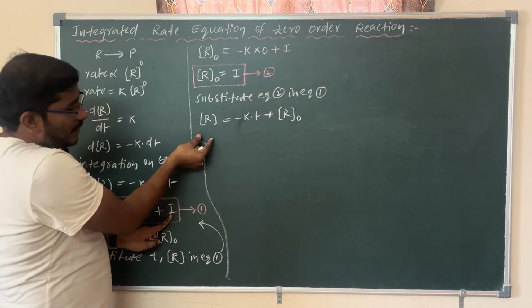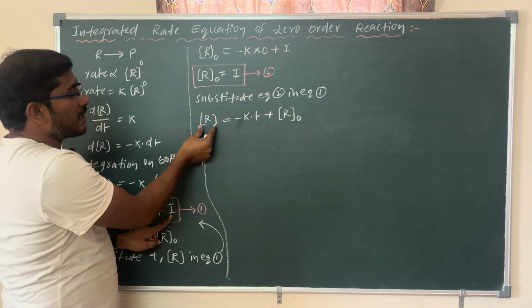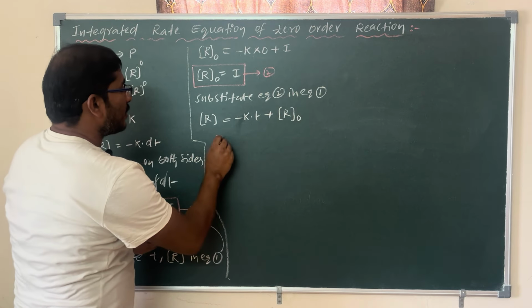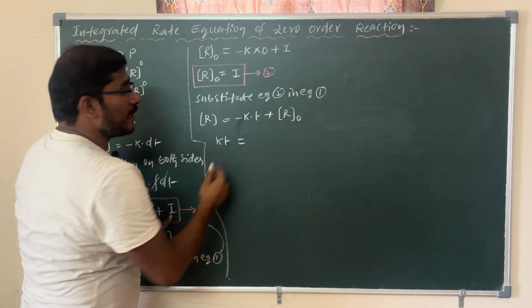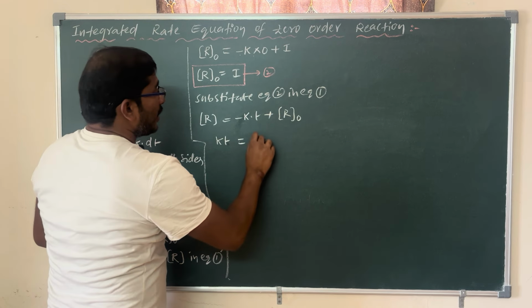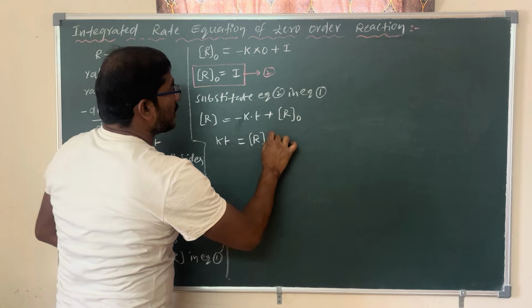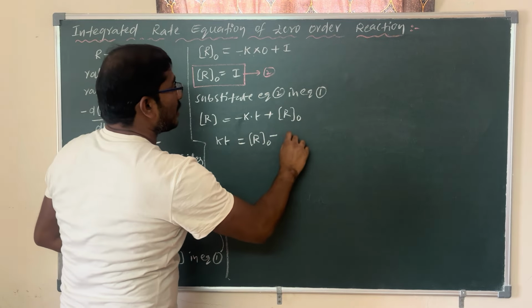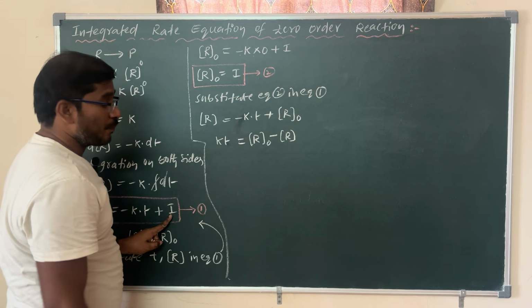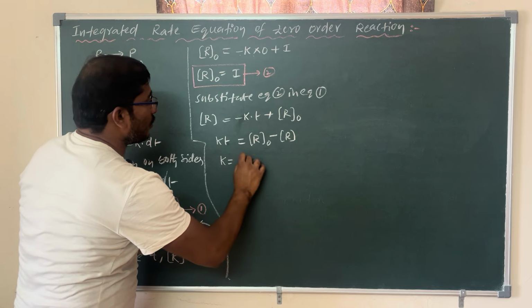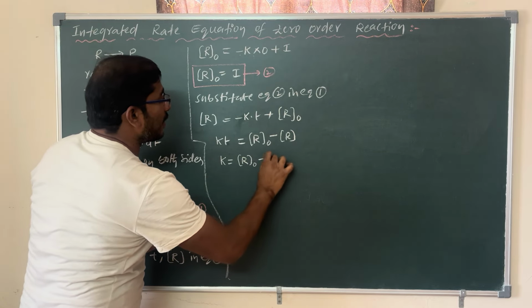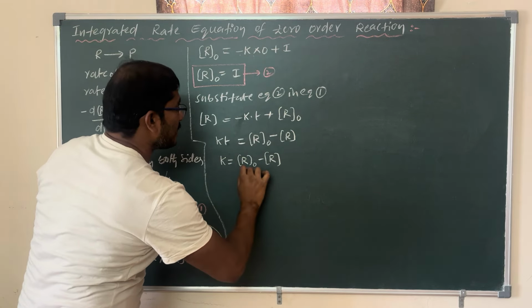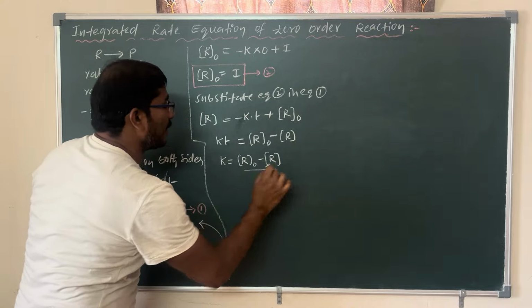Minus KT I send to this side, it becomes KT, and the concentration of reactants I send to that side. So KT is equal to initial concentration of reactants minus concentration of reactants. K is equal to initial concentration of reactants minus concentration of reactants, divided by T.